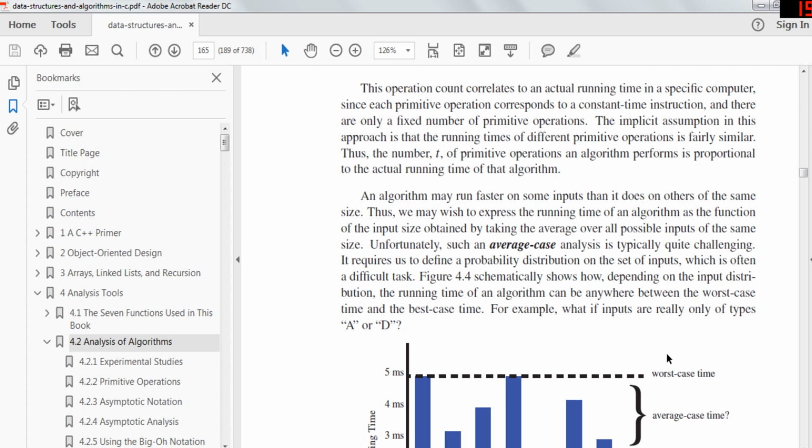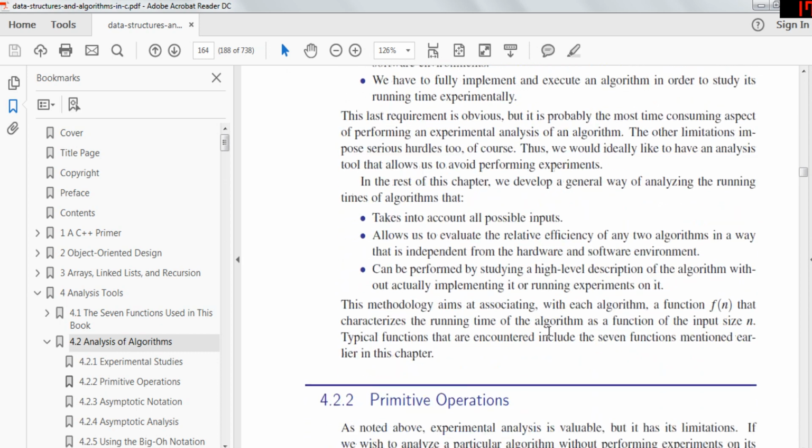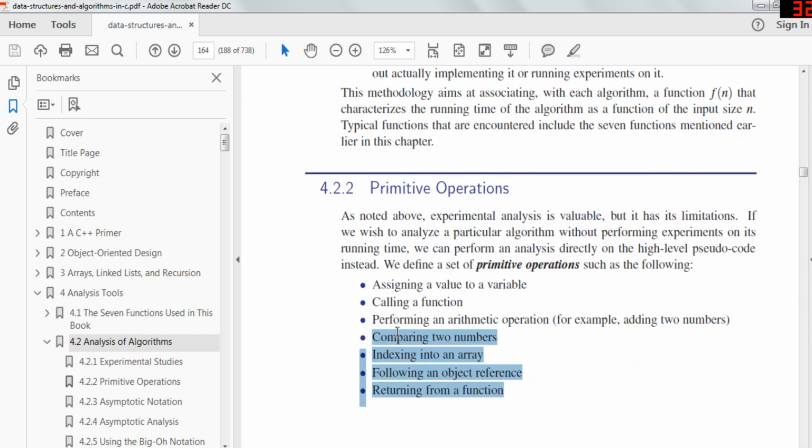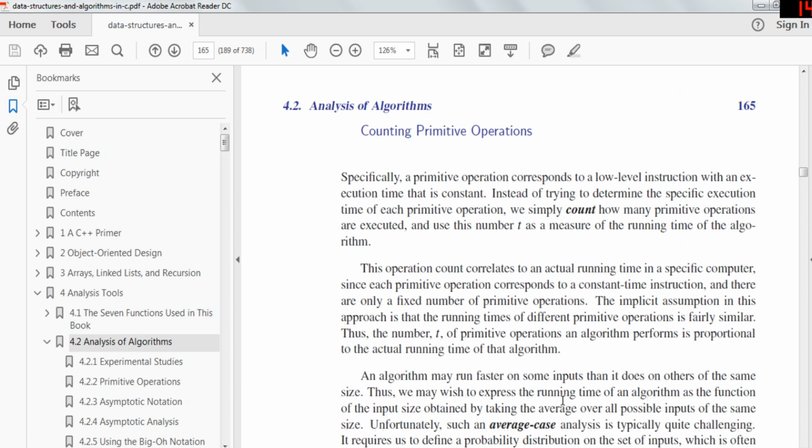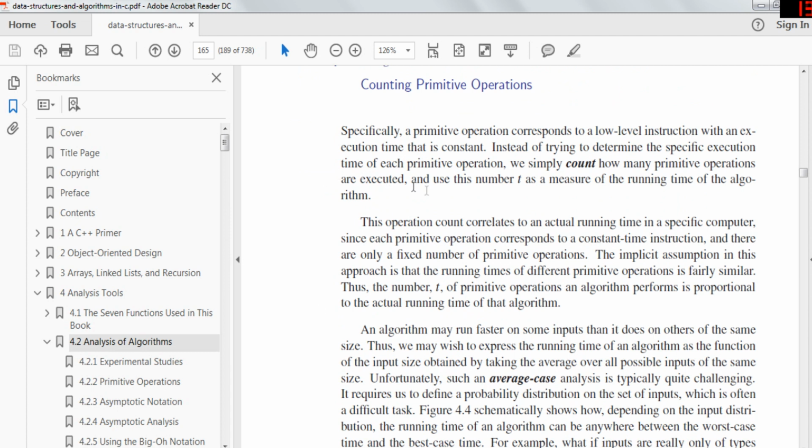So that's why they're able to use a function that allows you to correlate the time of how long it takes for that algorithm to run. These operations are what they're counting. They're counting the operations, and how long each operation takes, and that basically allows them to create a function t measuring the amount of time it takes for the algorithm.